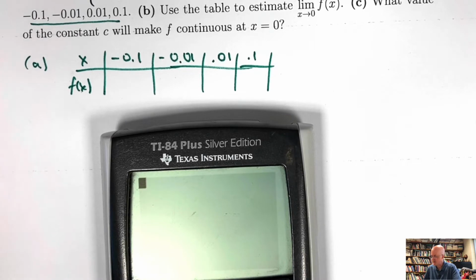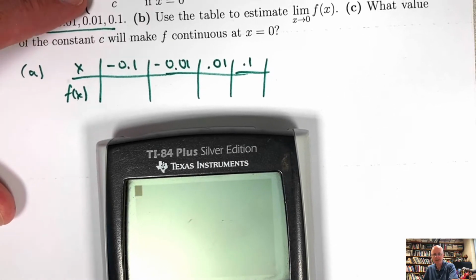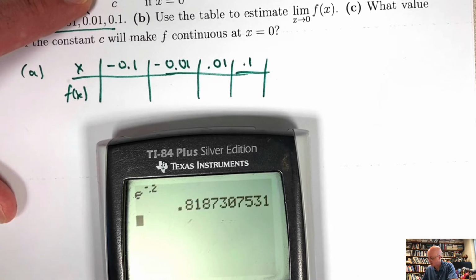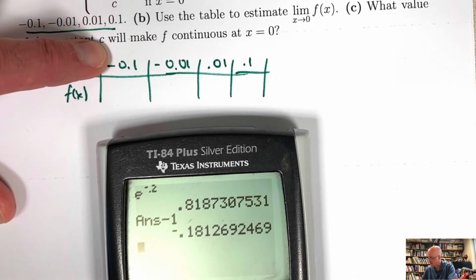So we can just do it step by step. When we plug in negative 0.1 here, we first find e to the 2 times negative 0.1, which would be e to the negative 0.2, subtract 1, and then divide by negative 0.1.